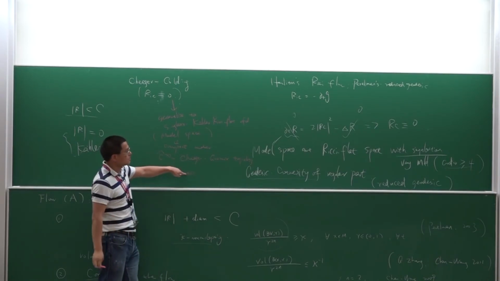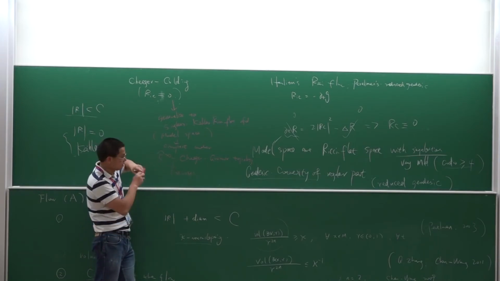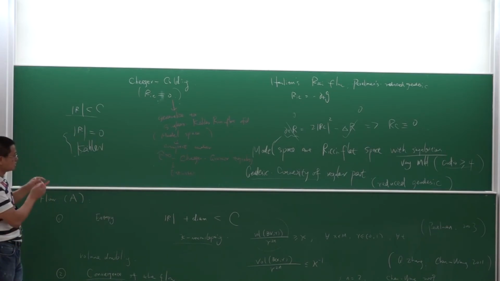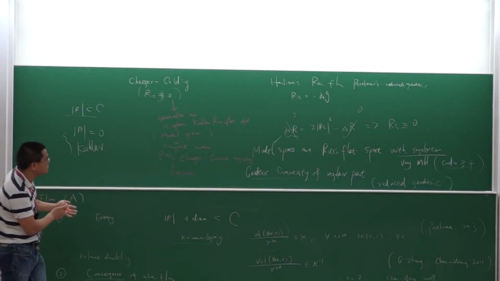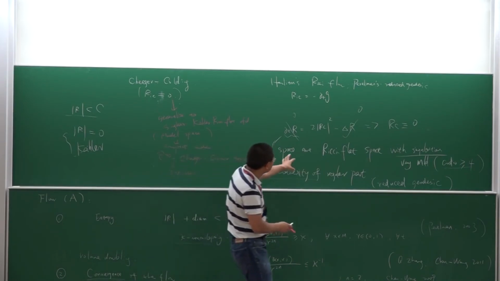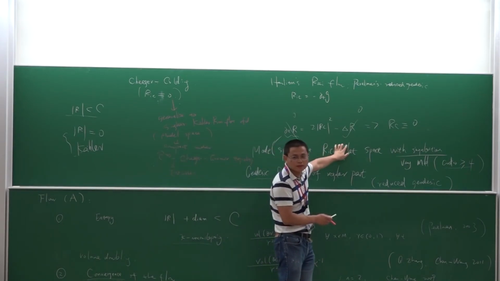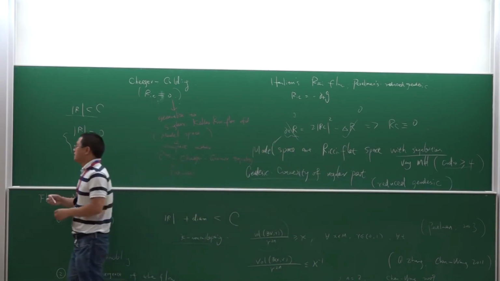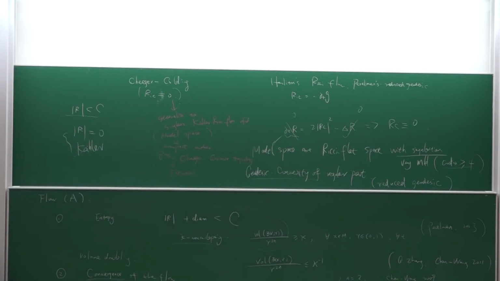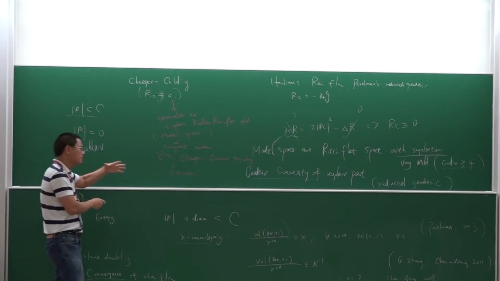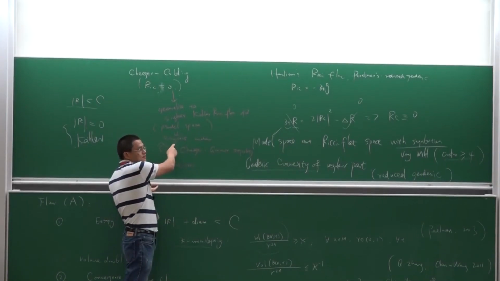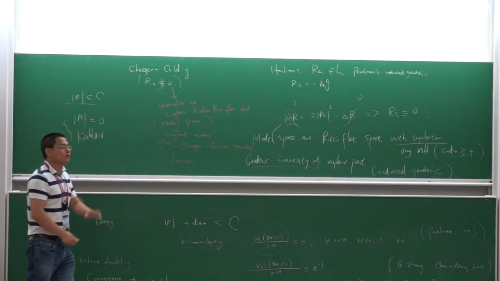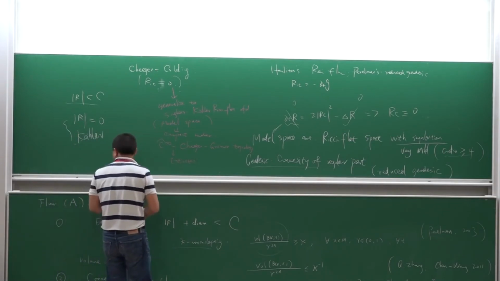Then using these estimates, we can define a radius, which quantizes this observation. So we know that at the infinitesimal level, the flow space-time can be modeled by the Ricci flat space-time. But then we want to see precisely on which scale you can obtain similar estimates to the model space. For this purpose, we define a quantity which is called the canonical radius.